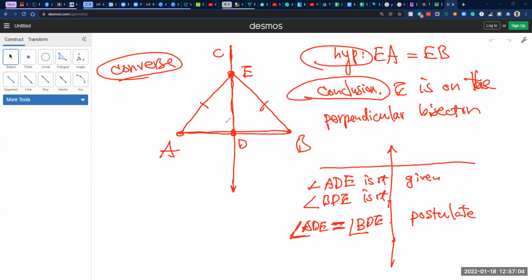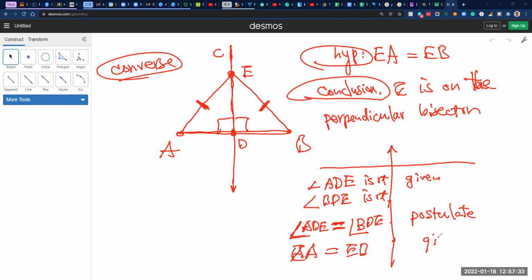So we now have this angle and that angle congruent, and EA is congruent to EB.